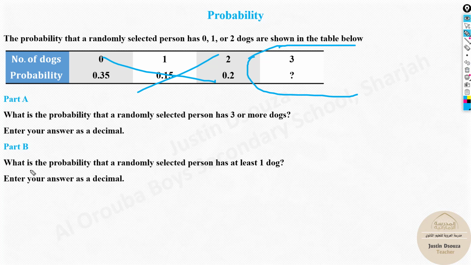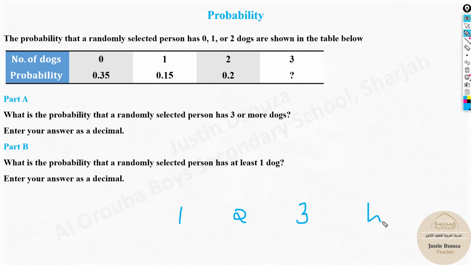And one more question over here is, what is the probability that a randomly selected person has at least one dog? So at least means it can be 1 or 2 or 3 or 4, but a minimum of 1 must be there. So it can be any number. It is greater than or equal to 1.